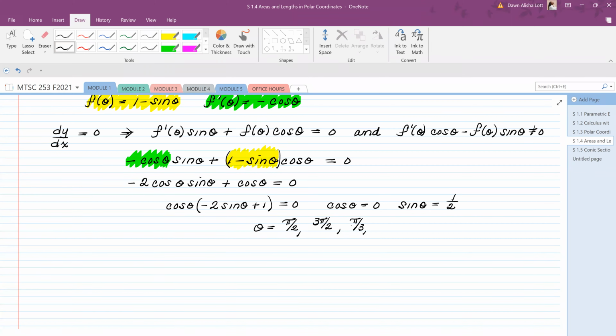That is wrong. That is pi over 6. What am I doing? The sine is equal to a half? Sine is the short one, pi over 6 and 5 pi over 6.